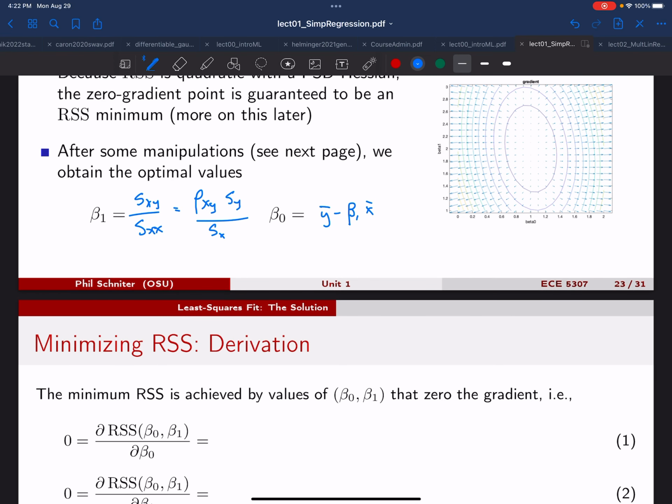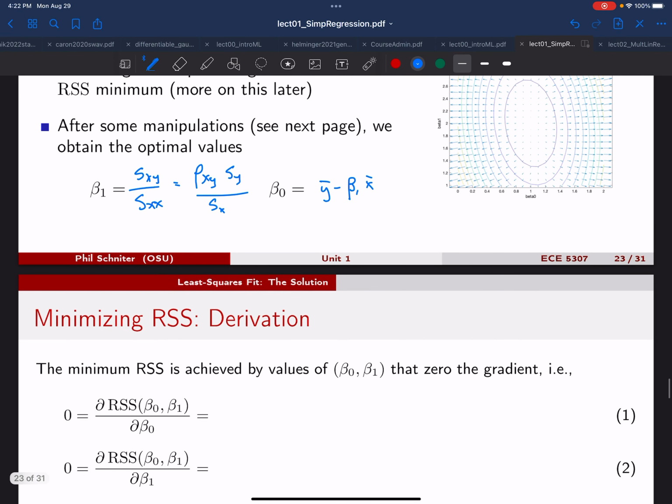Okay, so again, our objective is to solve these two equations right here. We want to set the partial derivative with respect to beta 0 equal to 0, and we want to set the partial derivative with respect to beta 1 equal to 0. So let's first do this partial differentiation here.